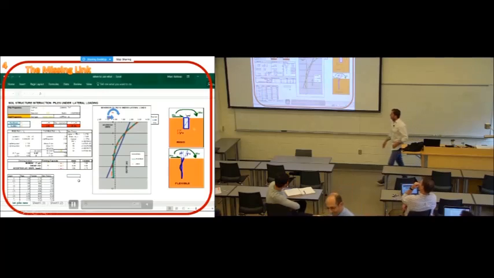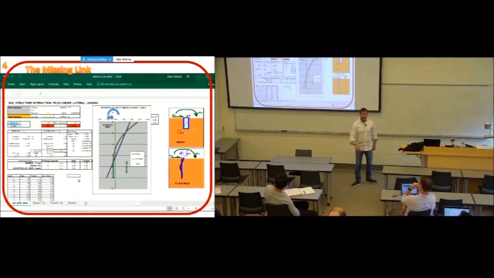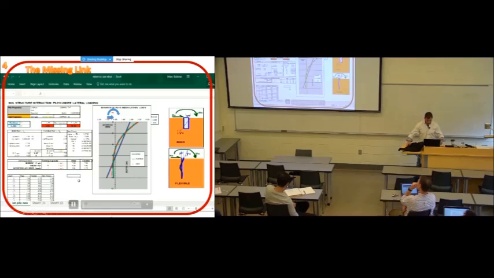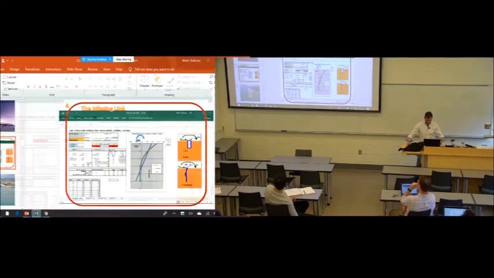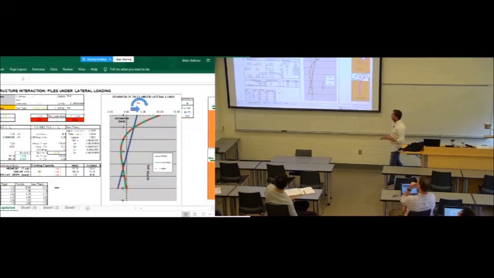Now this is the fun part, the missing link. I'm going to take a break from PowerPoint and go to Excel. So here I have three columns: the rigid pile theory, the flexible pile theory, and the new theory that you just held.